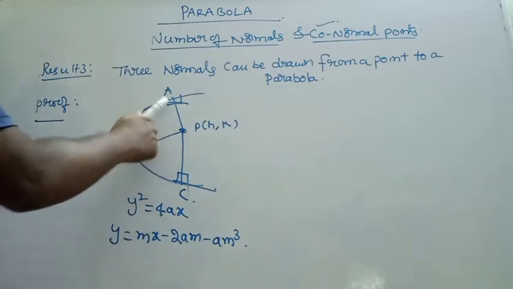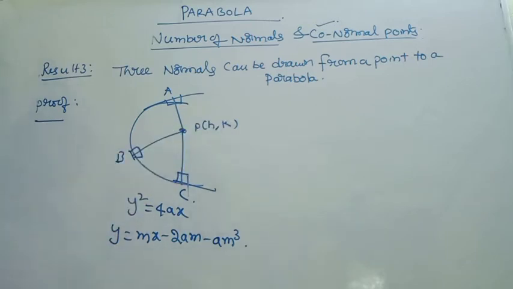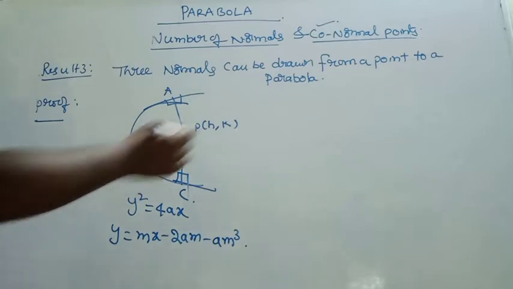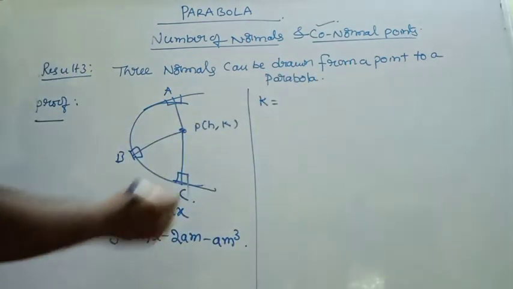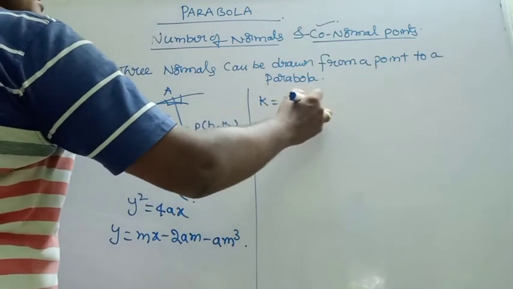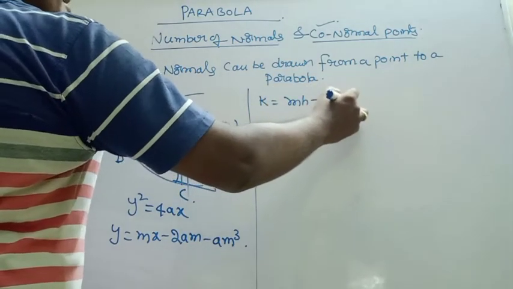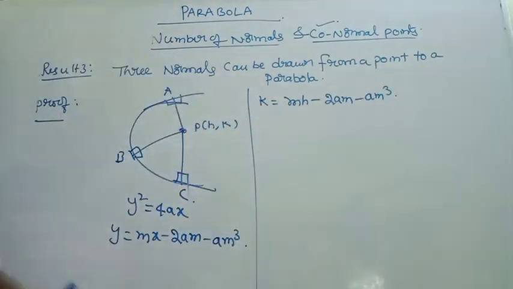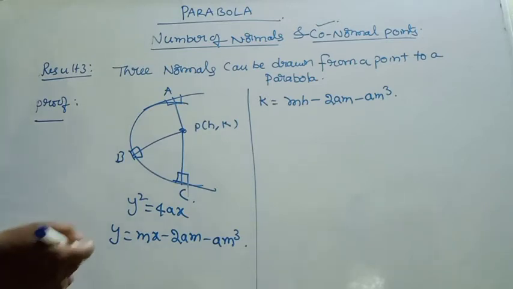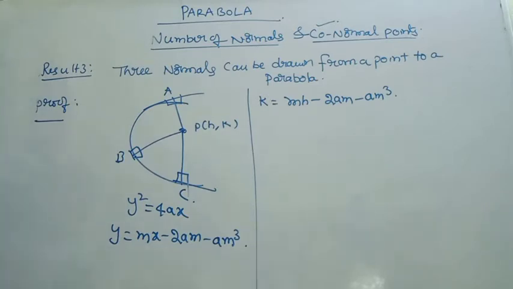Now this normal is passing through the point h comma k. Then what we are going to have is k is equal to m into h minus 2am minus am cube. Like this we are having here. Now, see, we are going to form this as a cubic equation.